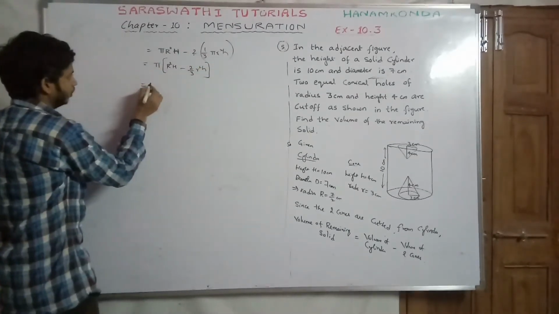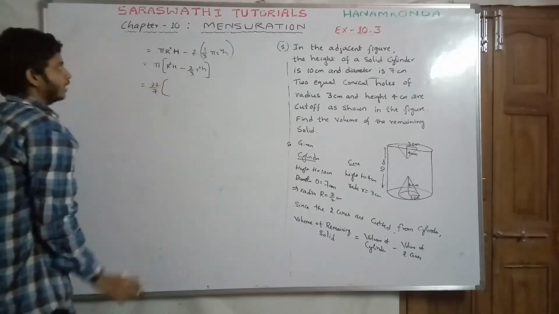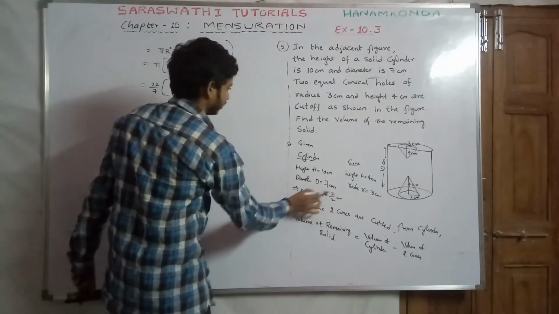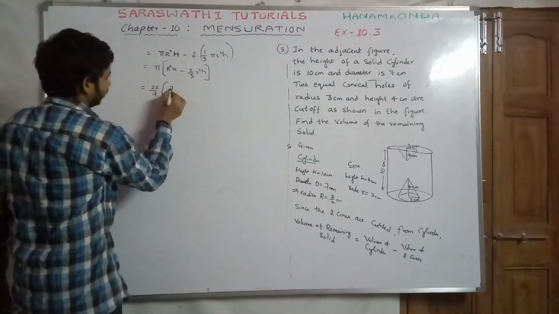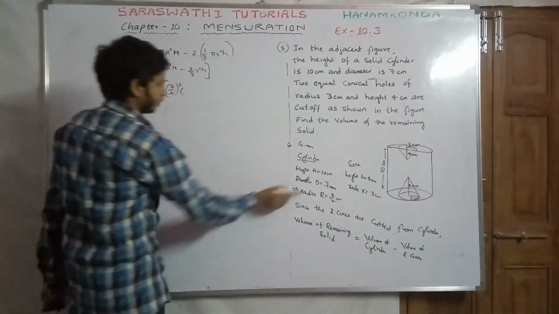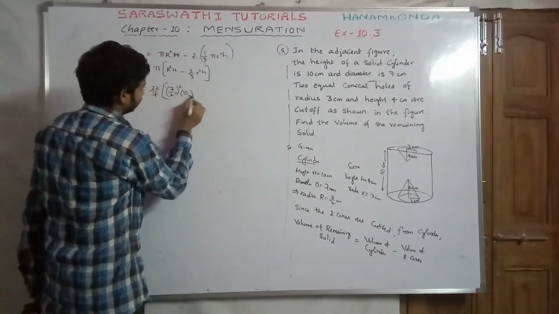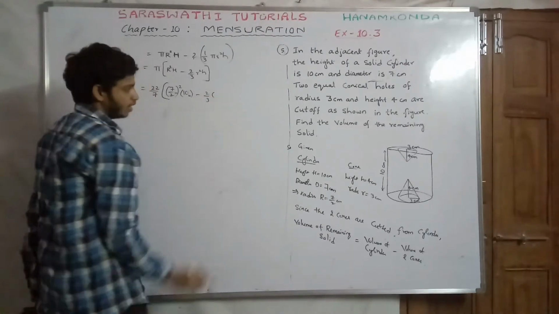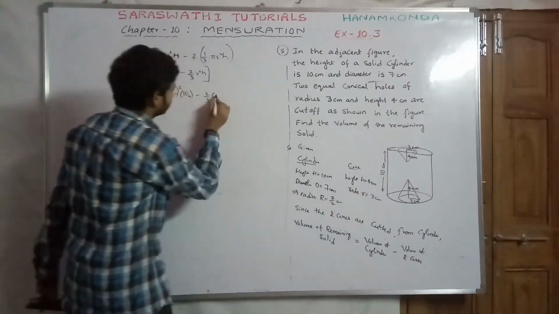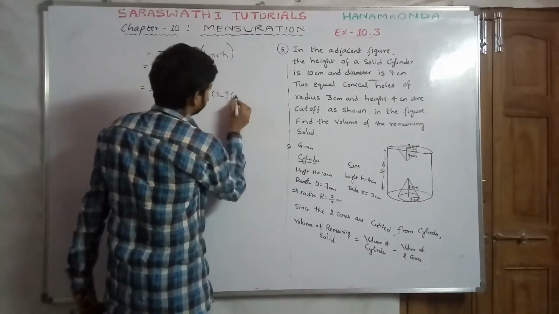Pi can be taken as 22 by 7, into 7 by 2 whole square into 10 centimeters, minus 2 by 3 into 3 whole square into 4 centimeters.